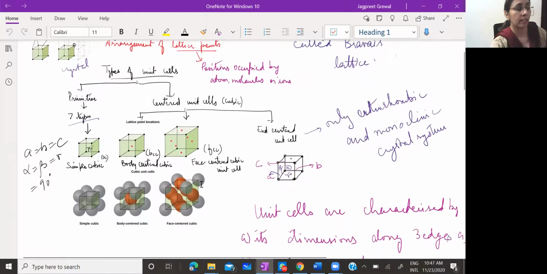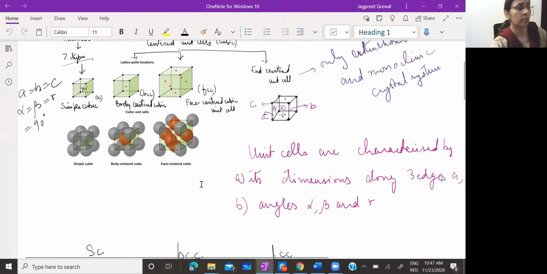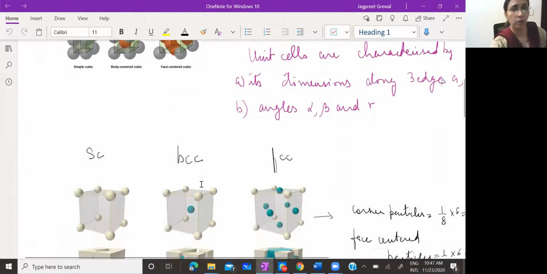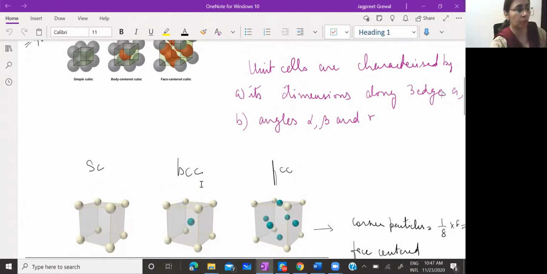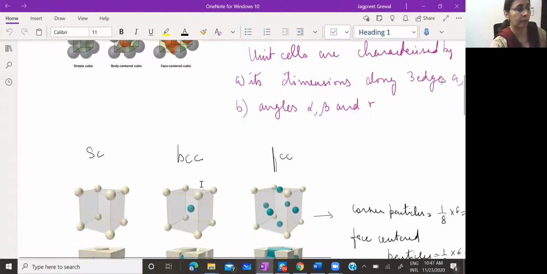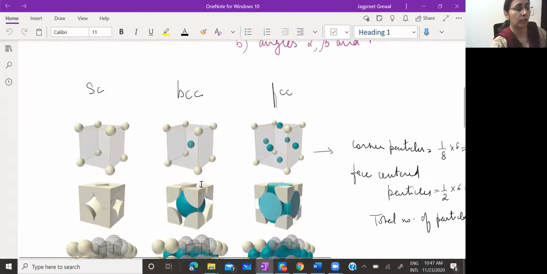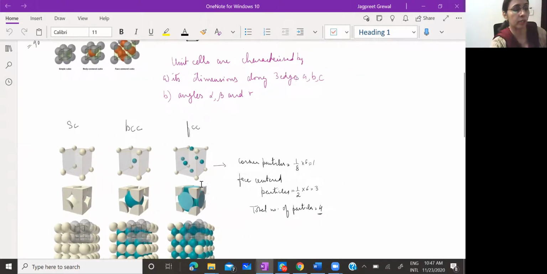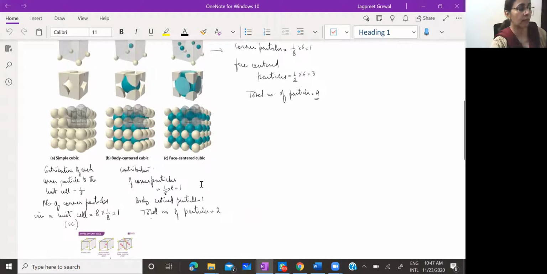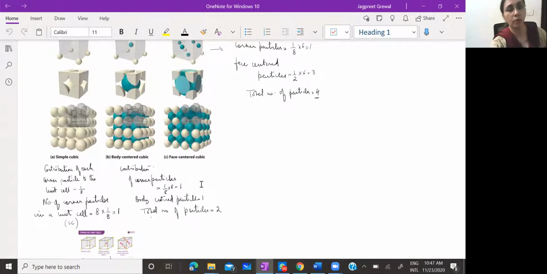Now, in your syllabus you only have the simple cubic, BCC and FCC. If you want to describe it further and know its dimensions, first of all we have to see what is the contribution of each corner particle, what is the contribution of each particle to a given unit cell.